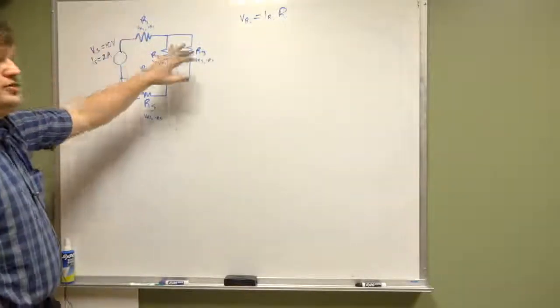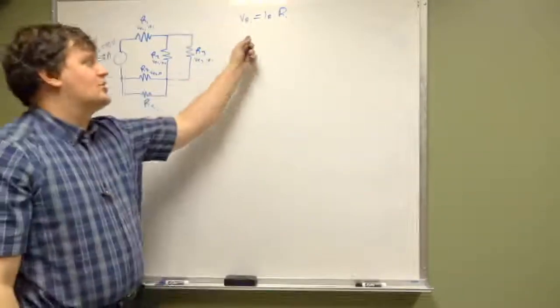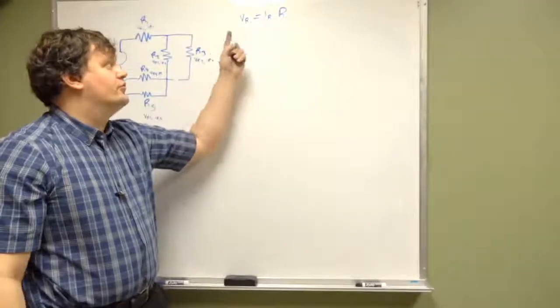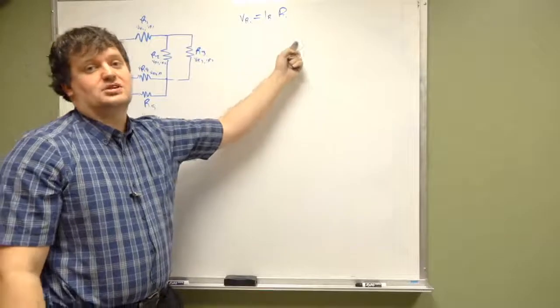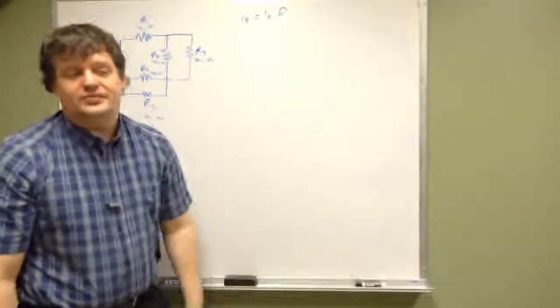And that's true for all 5 of these resistors. VR1 equals IR1 times R1. VR2 equals IR2 times R2. VR3 equals IR3 times R3. I don't need to say the rest of them.